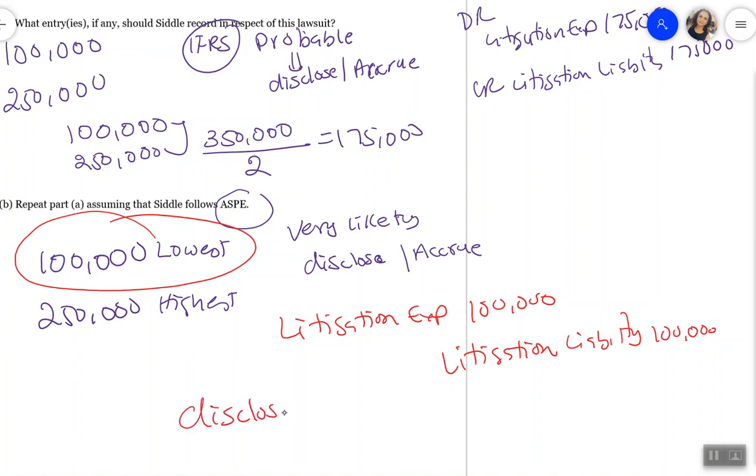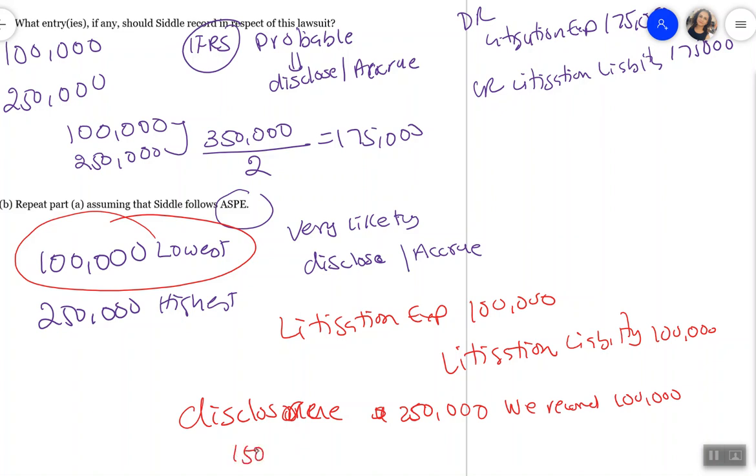In your disclosure, you are going to say that the company is being sued for 250,000. We recorded a liability of 100,000.